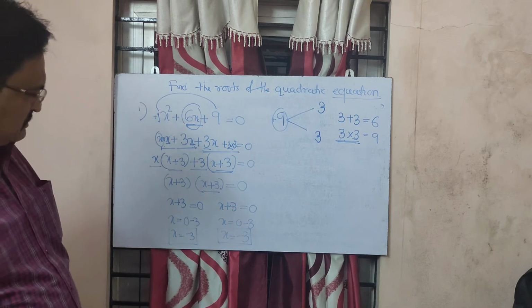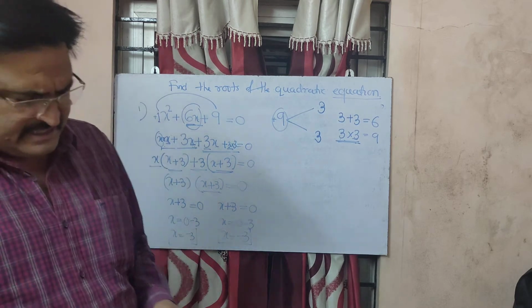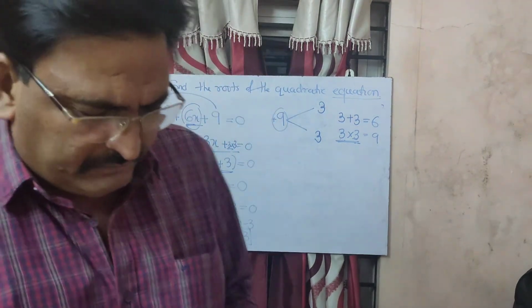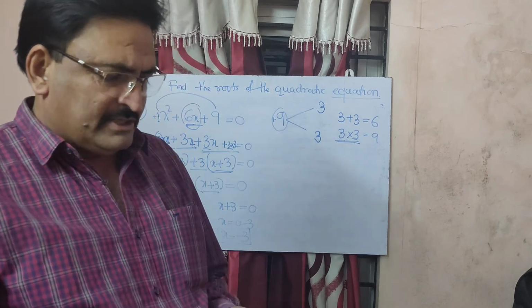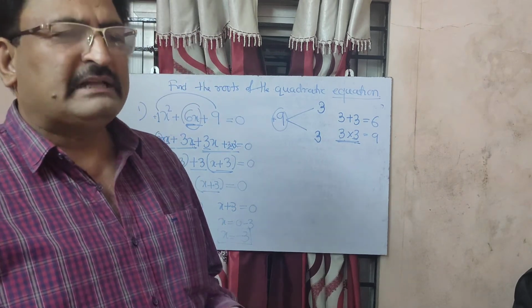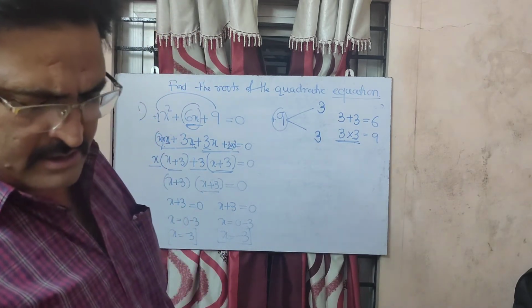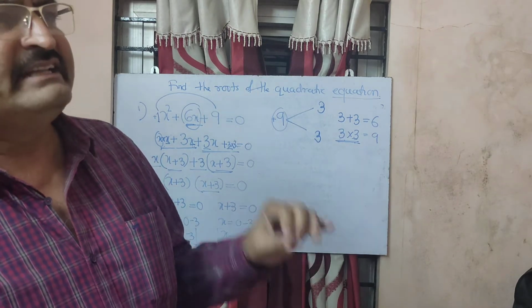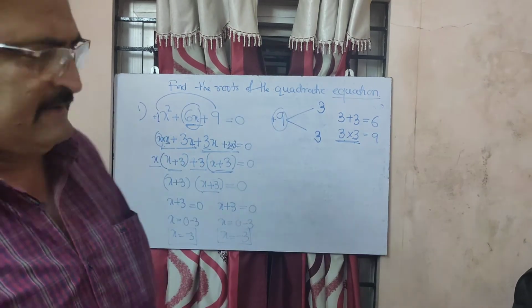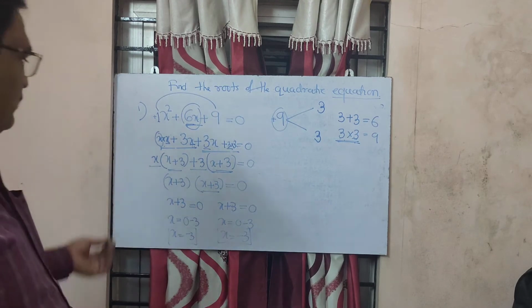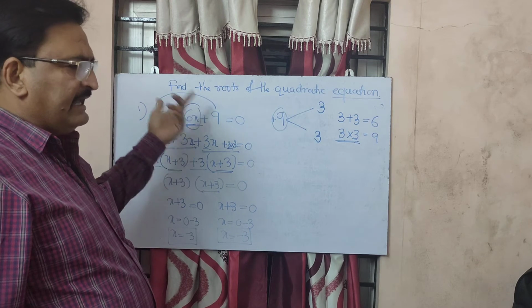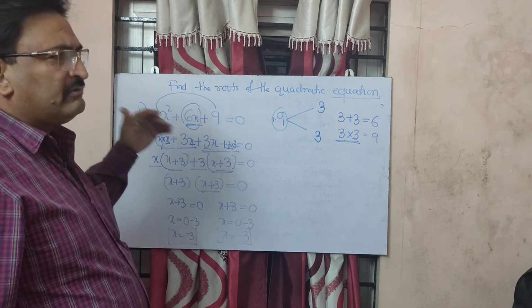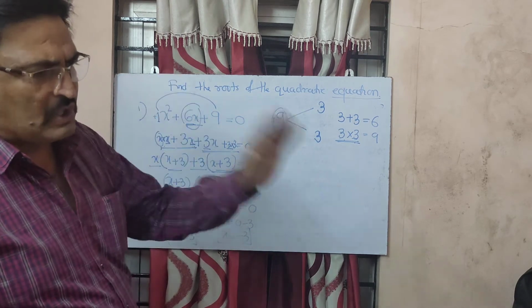Now, how do we say whether whatever we have done is right or wrong? Mathematics is a subject where you can verify anything at any stage. Let us verify. Put x equal to minus 3 in this equation and check.